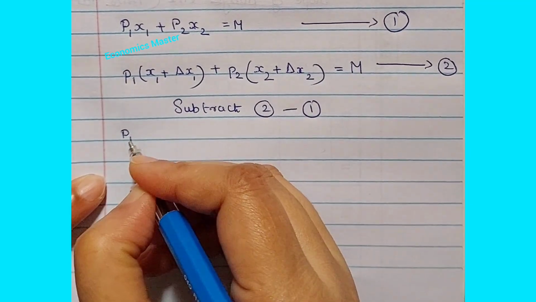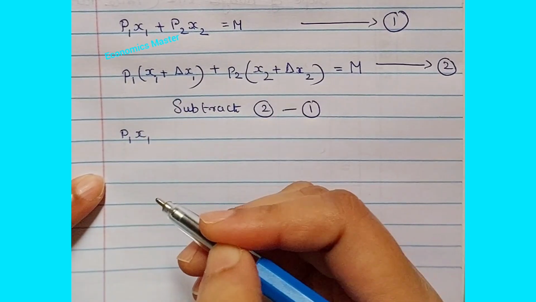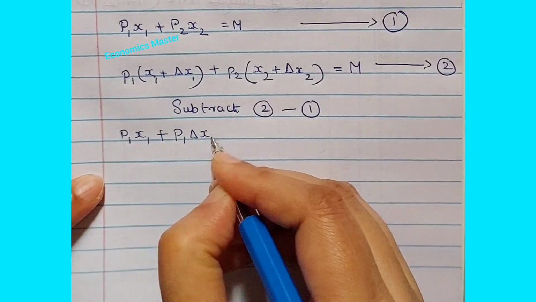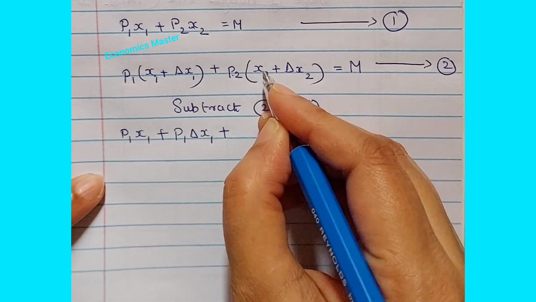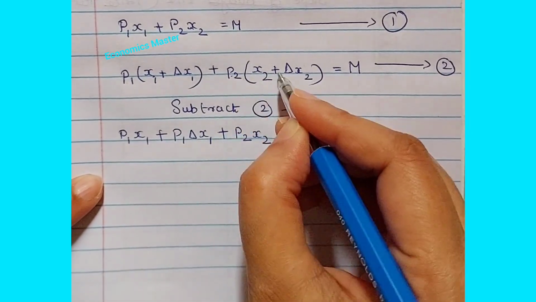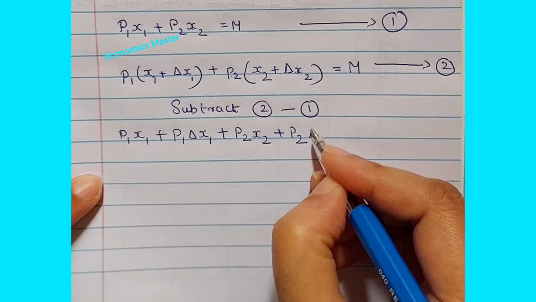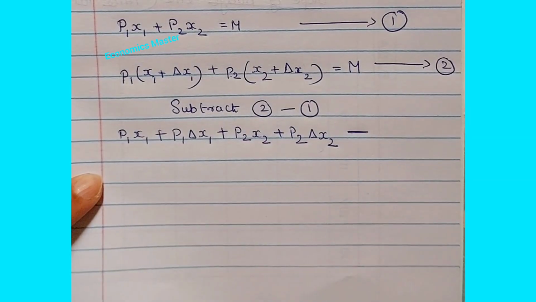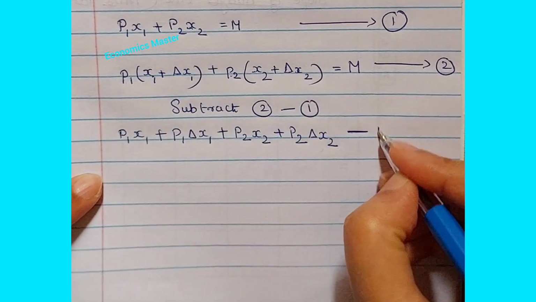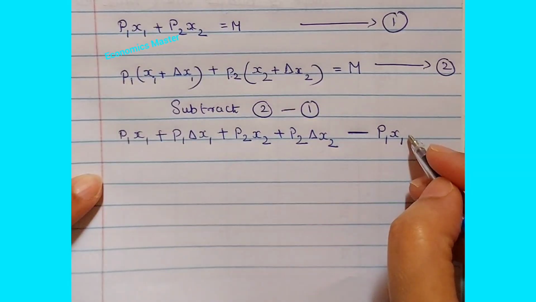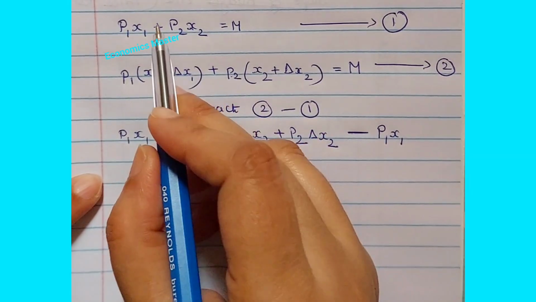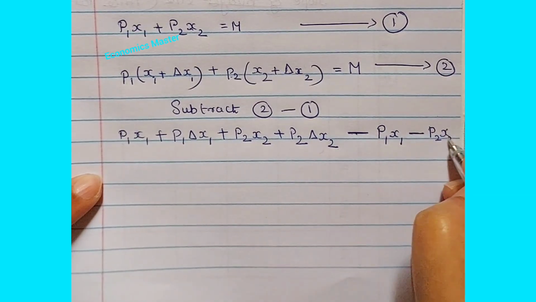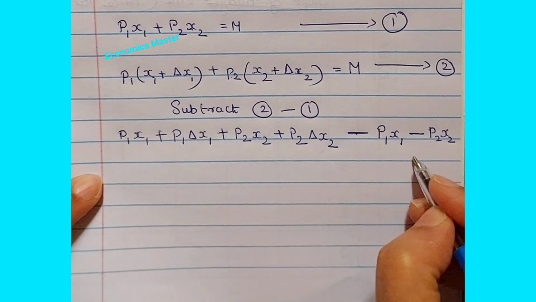Open the bracket, we will get P1 x1 plus P1 delta x1 plus P2 x2 plus P2 delta x2, then subtract the first equation: minus P1 x1, again minus because the sign will change, minus P2 x2 is equal to 0.